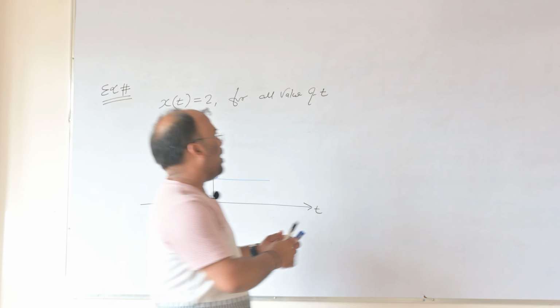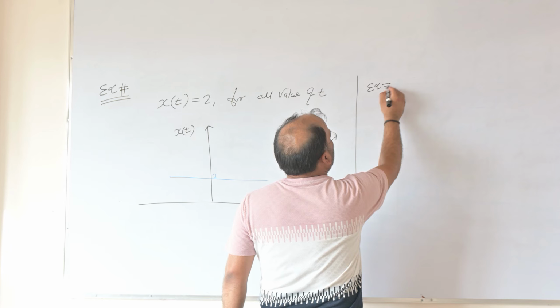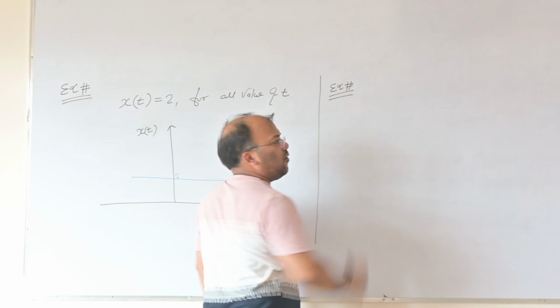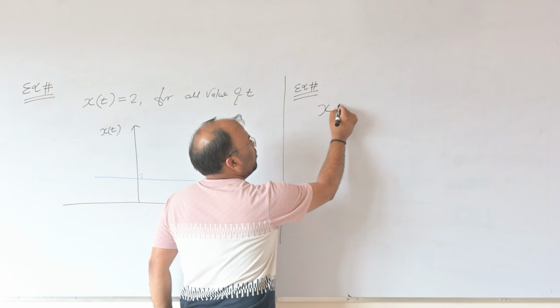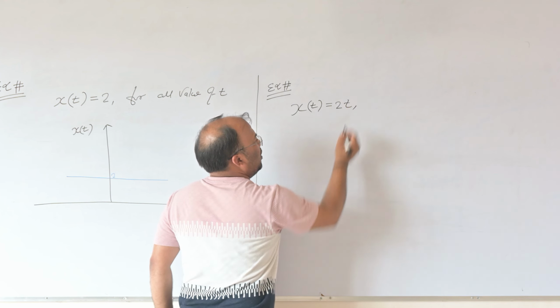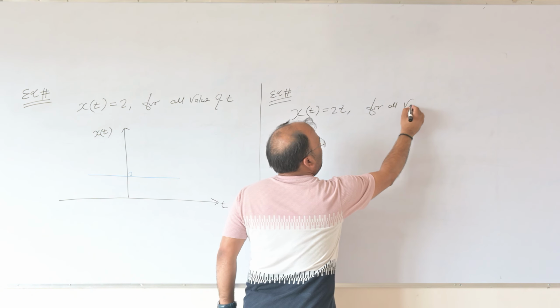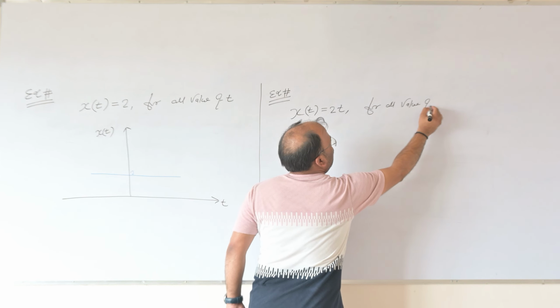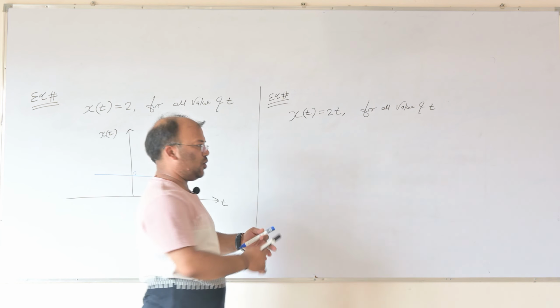We will take another example of a continuous time signal. The s of t is 2t for all values of t. So we need to sketch this one also.